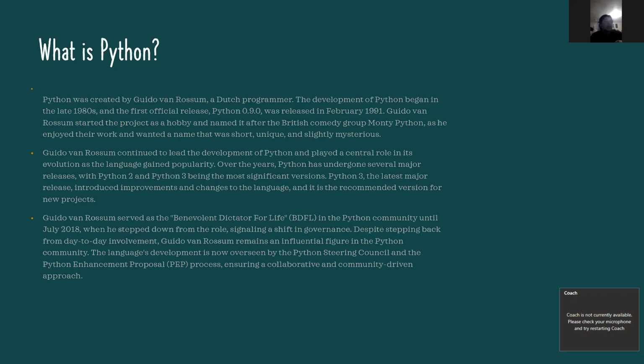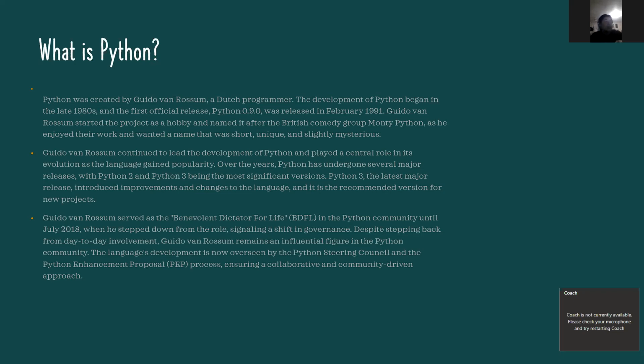Guido van Rossum started the project as a hobby and named it after the British comedy group Monty Python, as he enjoyed their work and wanted a name that was short, unique, and slightly mysterious.